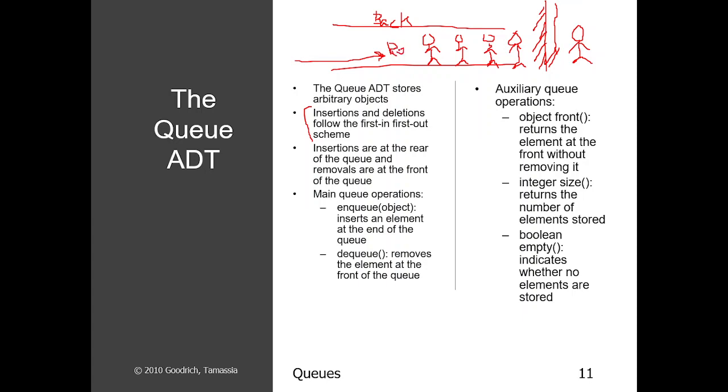So new arrivals happen at the rear end of the queue, and people are served at the front end of the queue. Once a person is served, that person is taken off the queue. जब उसका काम हो जाए तो उसको हम queue से हटा देते हैं. So this is the front of the queue, ठीक है? So front of the queue, rear of the queue. So we have 2 points. Deletions occur at the front of the queue. When a person is served, that person is taken off the queue.